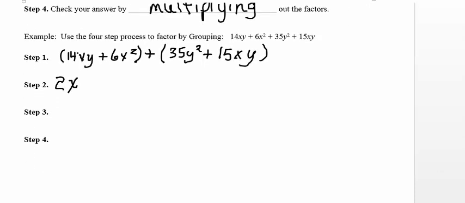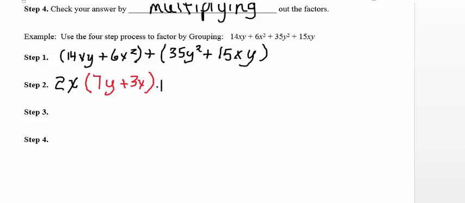So this is the GCF of the first group. So 2x is multiplied by 7y in order for me to multiply this GCF by the appropriate expression so that I get this first term back. 2x has to be multiplied by 3x to get the second term.